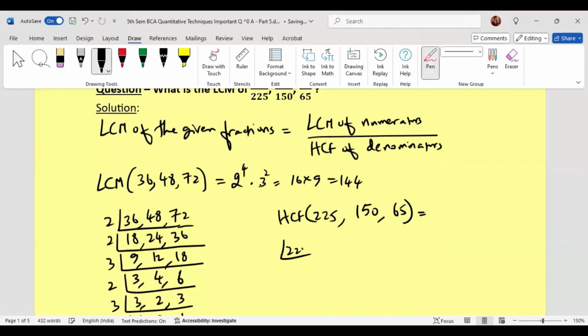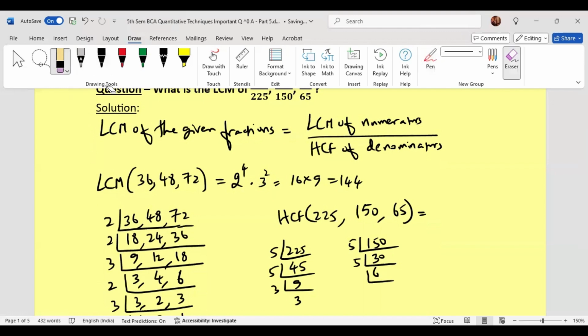First 225: 5 fives are 25, 5 nines are 45, 3 threes are 9. Then 150: 5 thirties are 150, 5 sixes are 30, then 2, 3. Next is 65: 5 thirteens are 65. That's all.